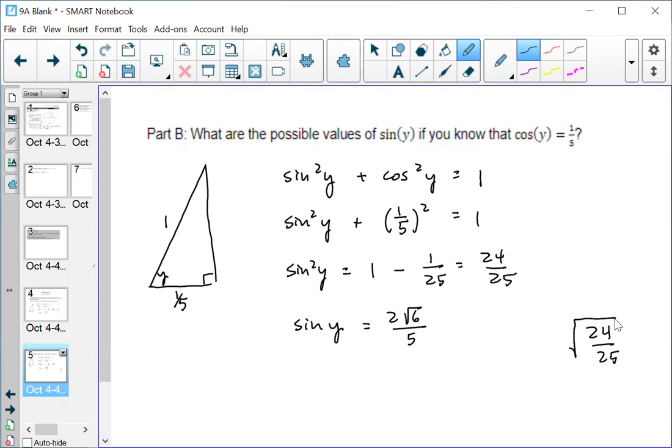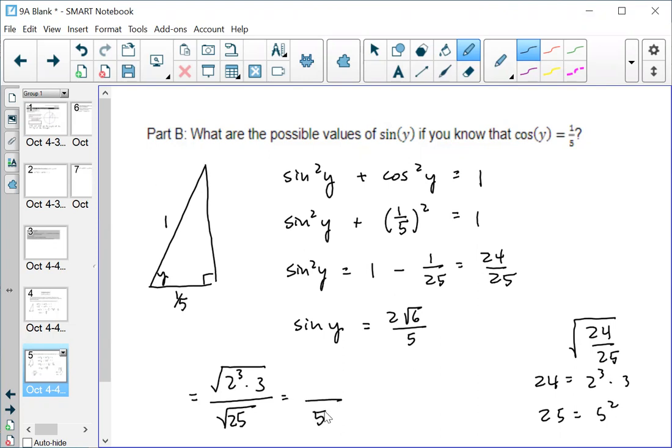If we take the square root of all of that, and we rewrite 24 as 2 cubed times 3, and then we rewrite 25 as 5 squared, we would get the square root of 2 cubed times 3 over the square root of 25.